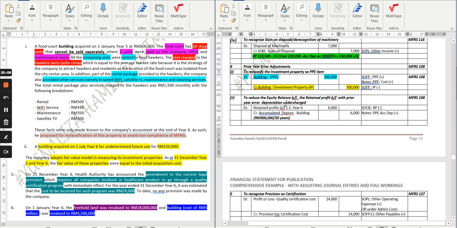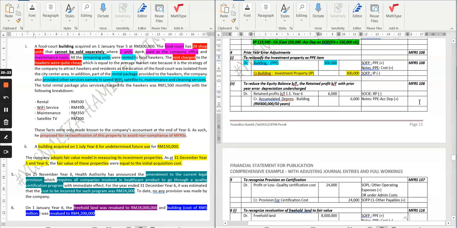When I say prior year, I'm referring to 1st of January year 5 until 31st of December year 5. In that year, there was supposed to be a depreciation, but it was not provided. Now we provide. So this is actually an error, and it is to be accounted under FAR 108.